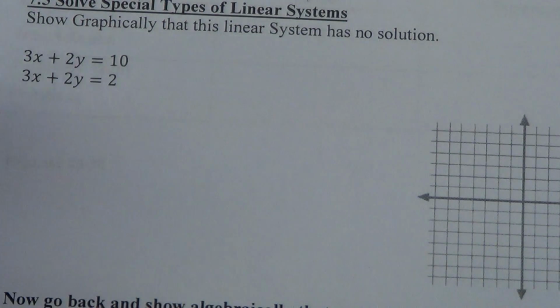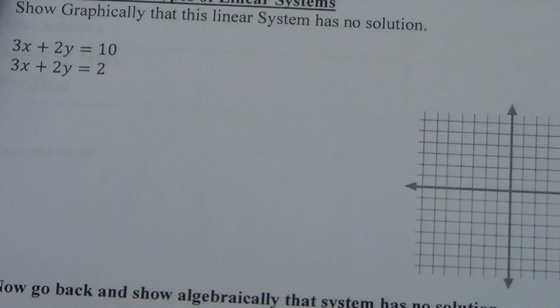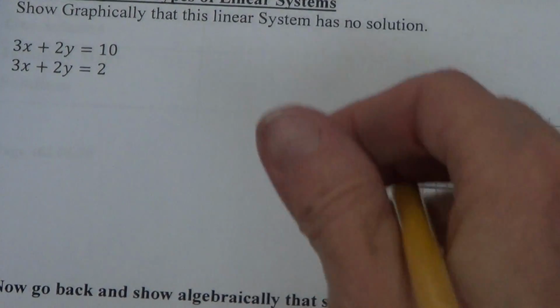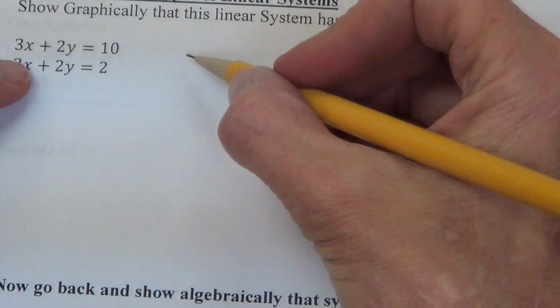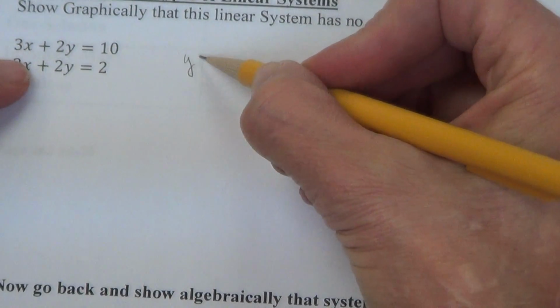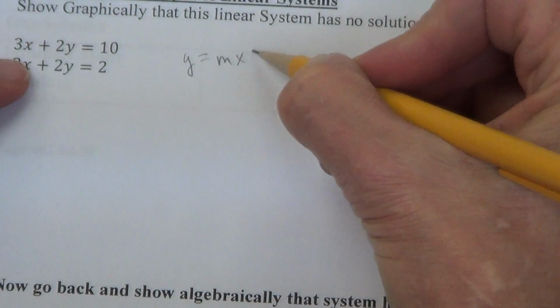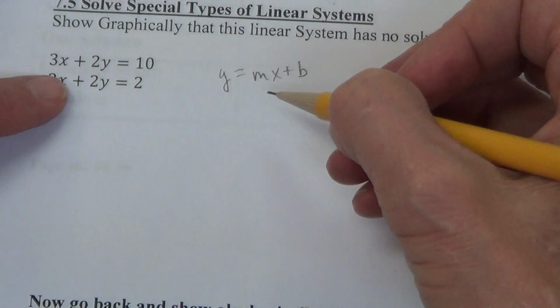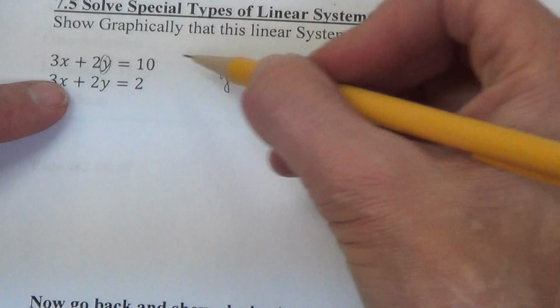Show graphically that this linear system has no solutions. Okay, so we want to show this graphically. That means you're all most comfortable with graphing by y equals mx plus b form, which is our slope-intercept form, and it's a good form. So let's get the y by itself.